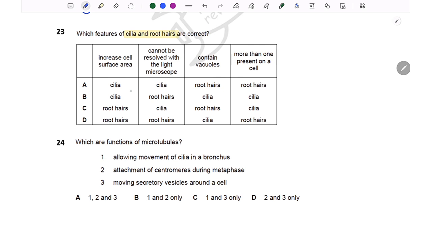So cilia, remember the function of cilia is, don't mix up cilia and microvilli, because cilia allows the movement of substances over the cell surface, but the root hair is the one that is going to be increasing surface area.